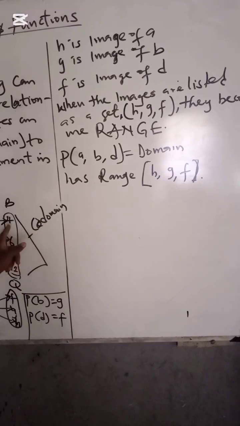Codomain, the output, that is when you input one, the output is 4. So we know what domain means. We know what codomain means now.